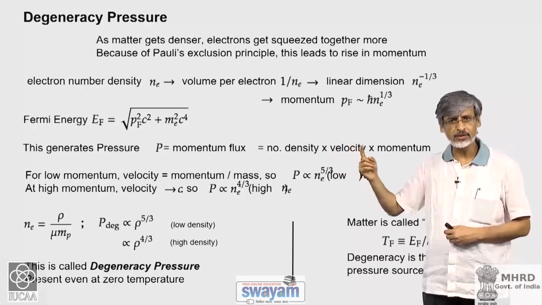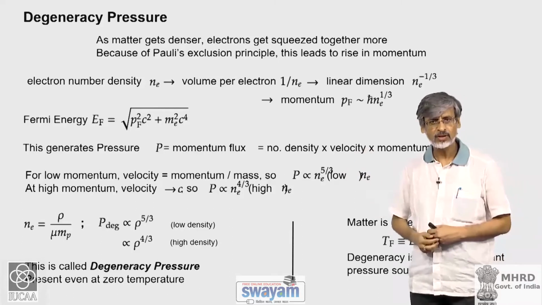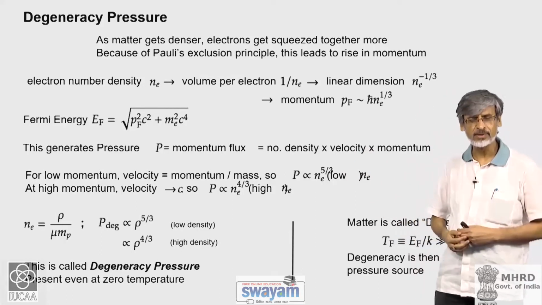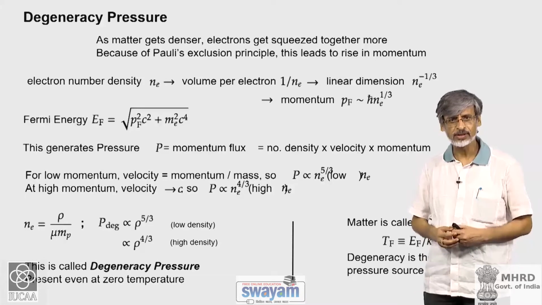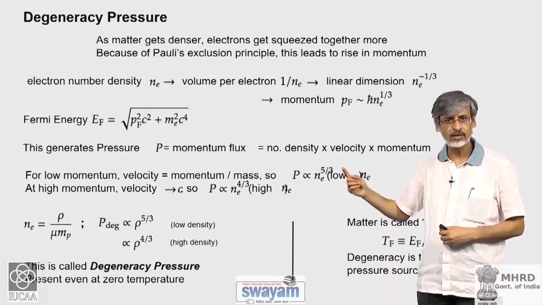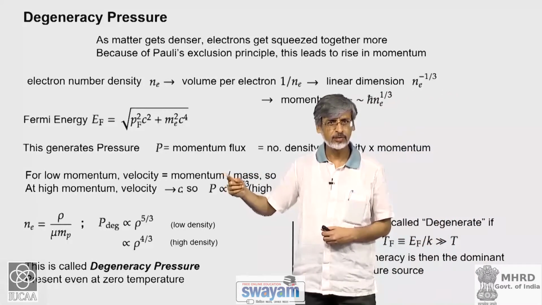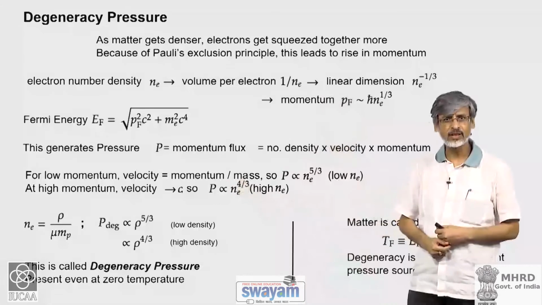This quantity velocity which is present here, for velocities that are not relativistic, that means when the velocities are small, we can write the velocity simply as momentum divided by mass. The velocity itself is p f over m e.